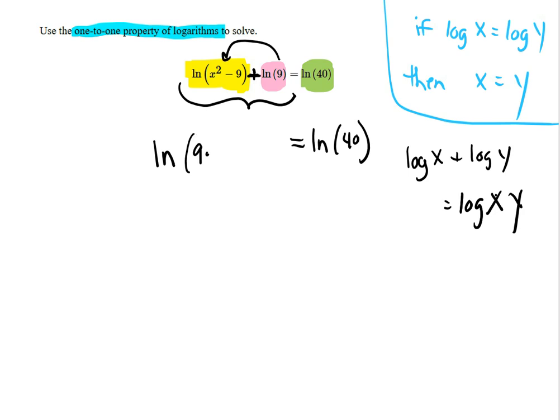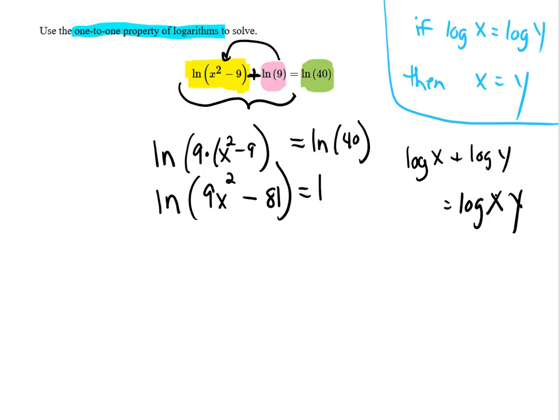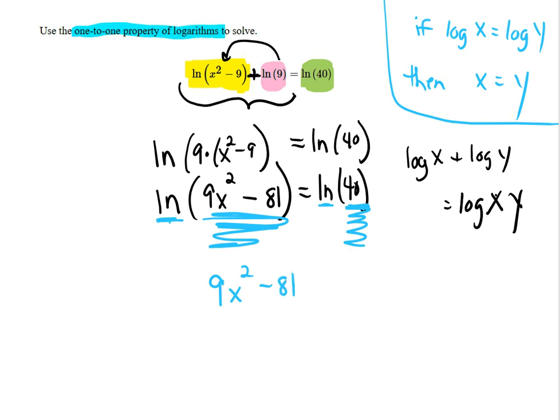If I distribute that, that will be 9x squared minus 81, and that equals the natural log of 40. And now I have the log of this equals the log of that, so my this equals my that. Now solve for x.